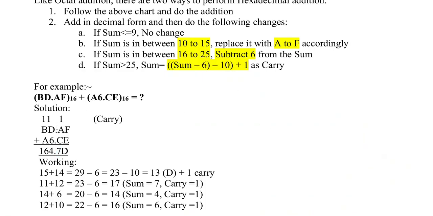D is 13 plus 1, 14. 14 plus 6, 20. 20 is in option C. Minus 6, 14. 4 comes as sum, 1 goes to carry. Then B plus 1. B is 11 plus 1, 12. A is 10. 12 plus 10, 22. Minus 6, 16. 6, 1. So my answer is 164.7D.